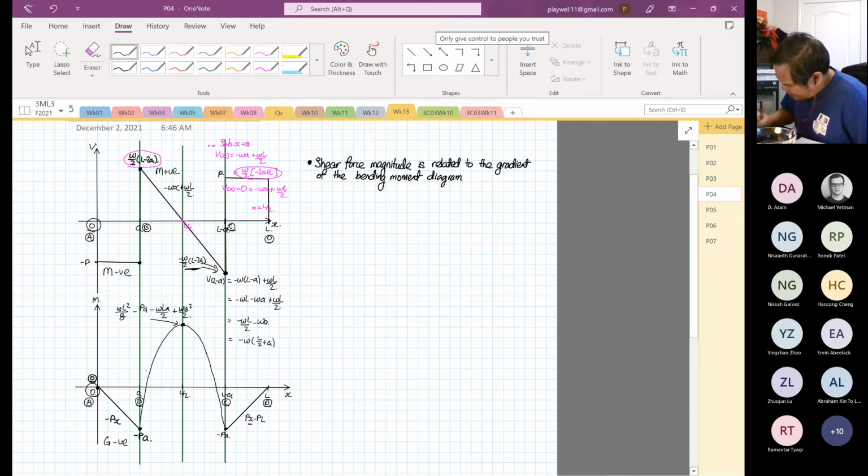If I draw a tangent line, the gradient is also positive. Over here, after L/2, the magnitude now is negative. The gradient of the slope is also negative. Over here, when the magnitude is positive, the gradient is also positive. So you can see that the shear force magnitude is related to the gradient of the bending moment.